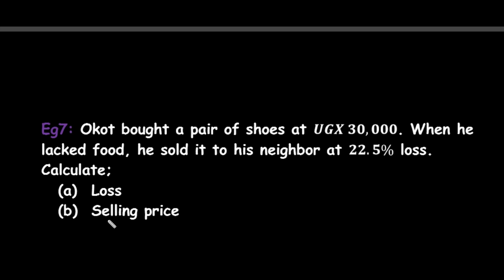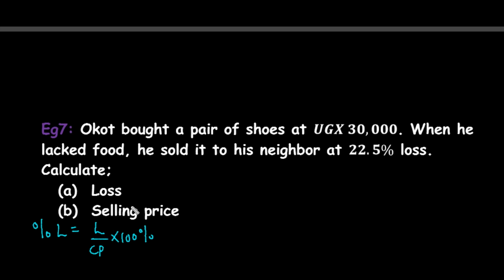Is that okay? Now, remember we said that we can calculate percentage loss from the formula. Percentage loss is equal to loss out of the cost price times 100 percent. Now, we have the percentage loss, we have the cost price, but we don't have the what?